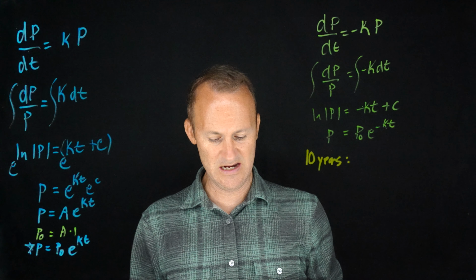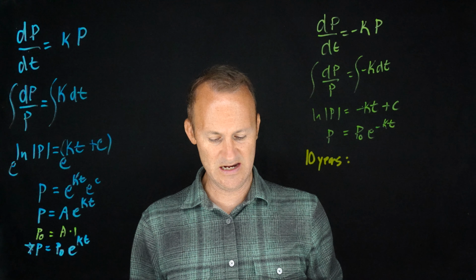So what we need to do then is put this into the equation. Clearly, we're going to have e to the negative k10, or e to the negative 10k. What we're trying to figure out here is k.